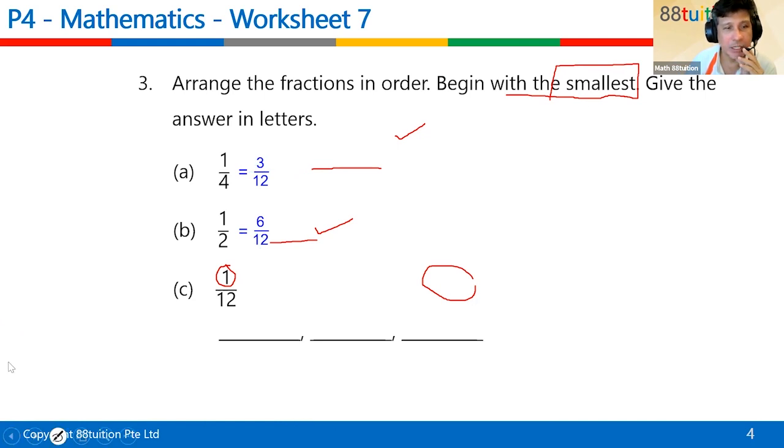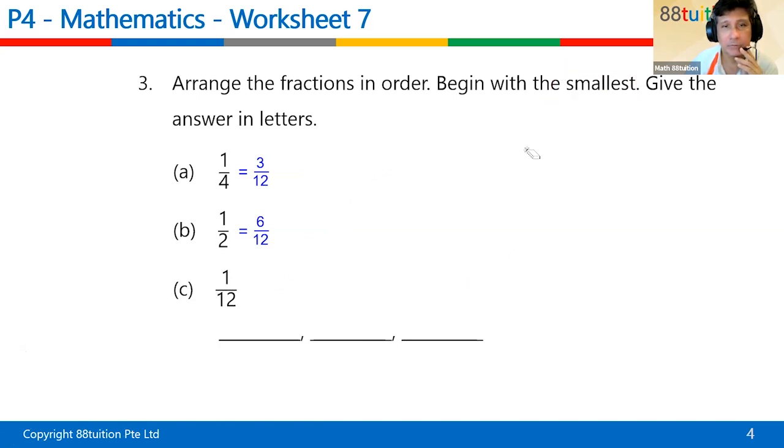Are you able to arrange them now? Do you know which is the smallest? All you need to do is just look at the numerator, correct.